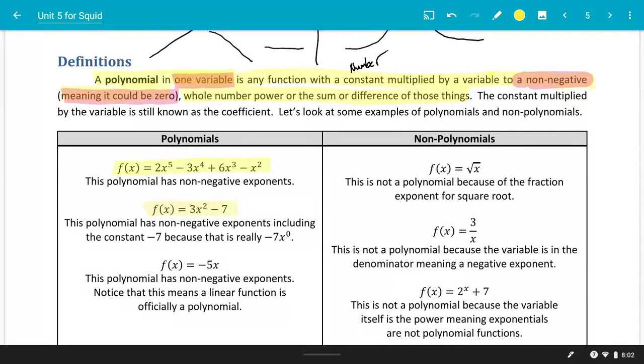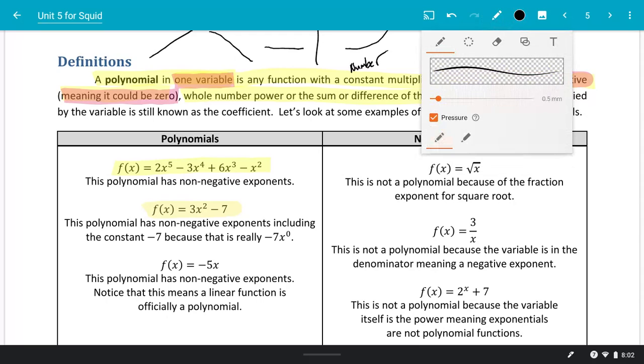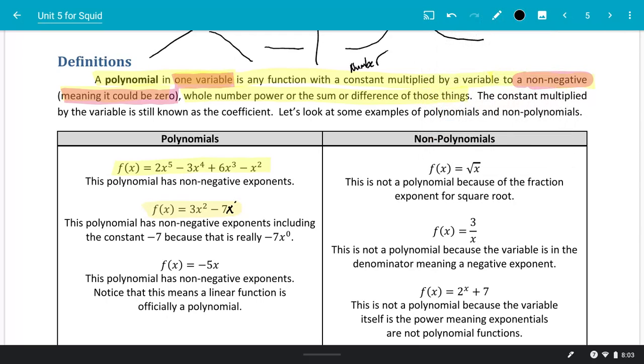The second polynomial has a non-negative exponent, including the constant, -7, but it's really -7 times x to the 0. See, we have to include a variable. That's what it's telling us. But if I said x to the 0 power, what do we already know about anything to the 0 power? That's equal to 1, right? So if I have a variable to the 0 power, I don't actually have to write it down.